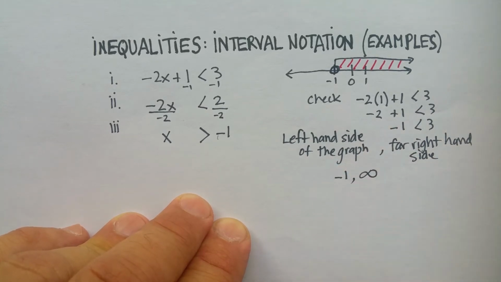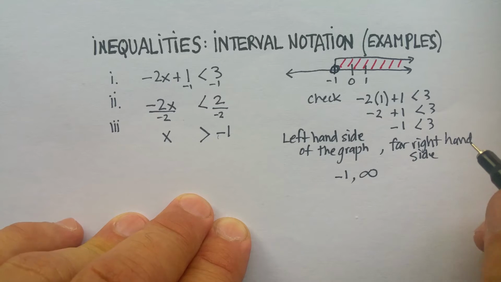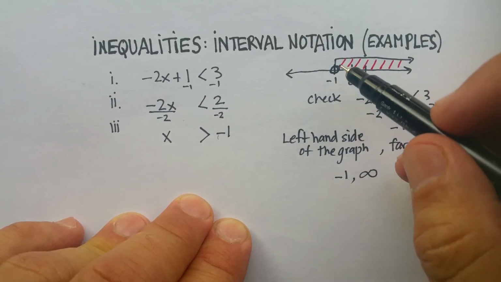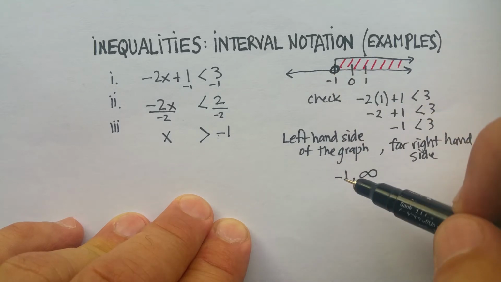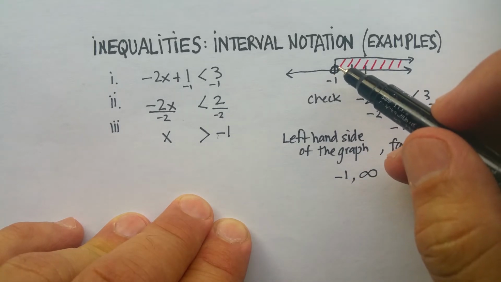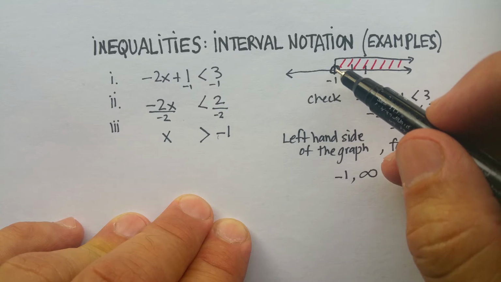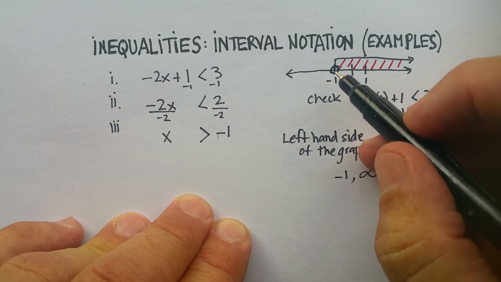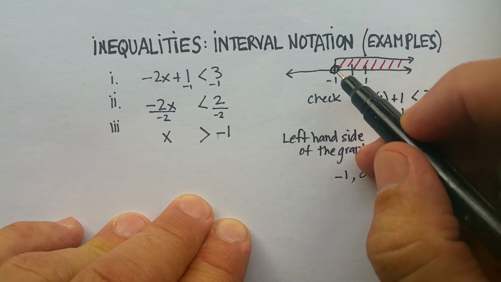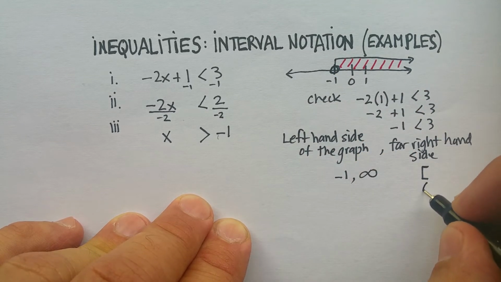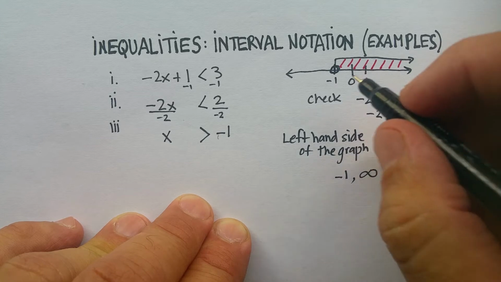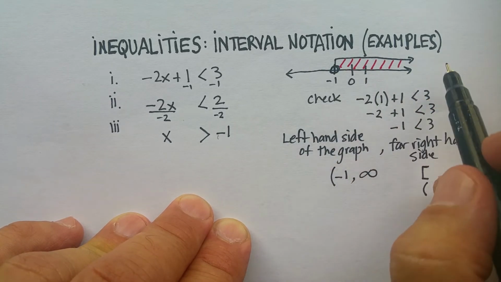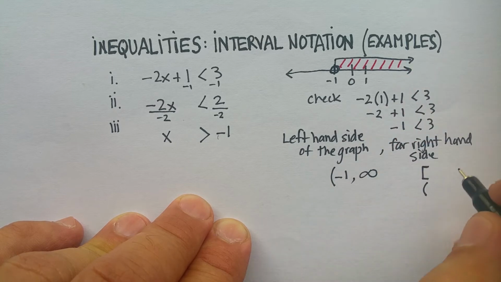Now, in the next step, we need to use brackets or parentheses. If my number included the far left-hand side, then I would use a bracket. Since it's including everything up to but not including negative 1, I'm going to use a parenthesis. On the far right-hand side, same idea.